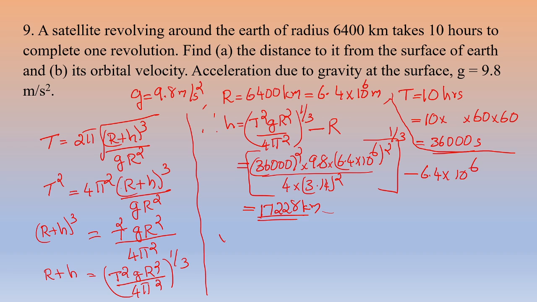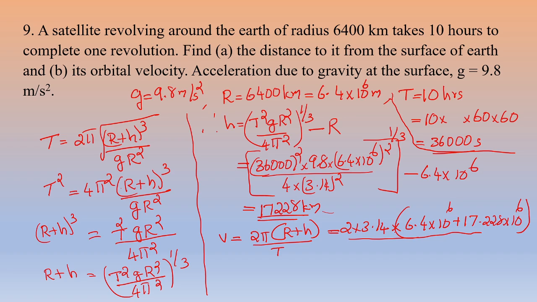And the orbital velocity v is equal to 2 pi into r plus h, that is the circumference by the time period, that is equal to the distance by time, that is 2 into 3.14 into r plus h, that is 6.4 into 10 raised to 6 plus h is equal to 17.228 into 10 raised to 6, all divided by the time period, 36,000 seconds.